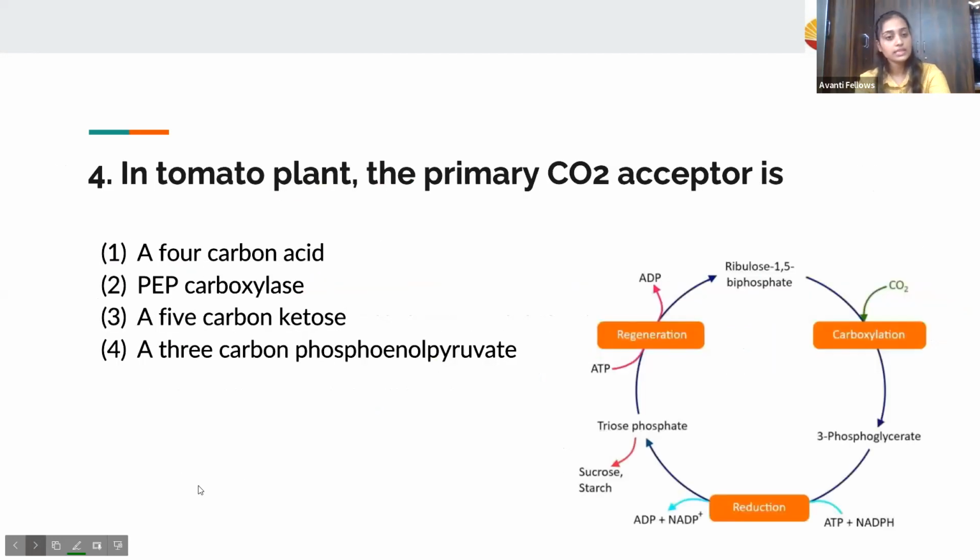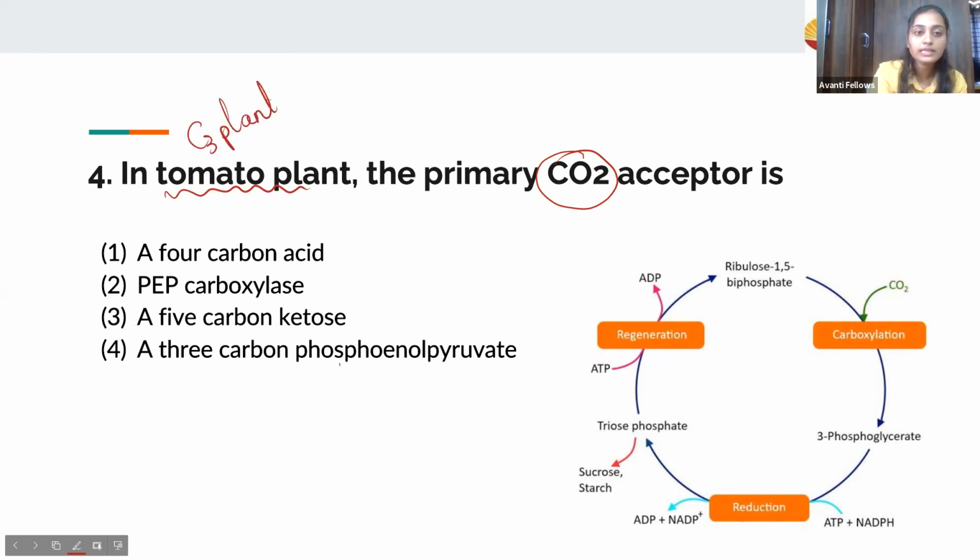The next question says that in a tomato plant, the primary carbon dioxide acceptor is a 4-carbon acid, or PEP carboxylase, or a 5-carbon ketose, or a 3-carbon phosphoenol pyruvate. Let's see what this plant actually is. This tomato plant is an example of a C3 plant, where the Calvin cycle takes place.